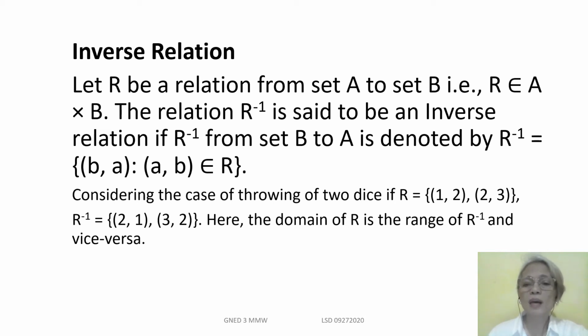Remember our example before, we threw a pair of dice. So we have the ordered pairs (1,2), (2,3), for example. The inverse would be (2,1) and (3,2), no? So you reverse the order. Okay, so that's an inverse relation.